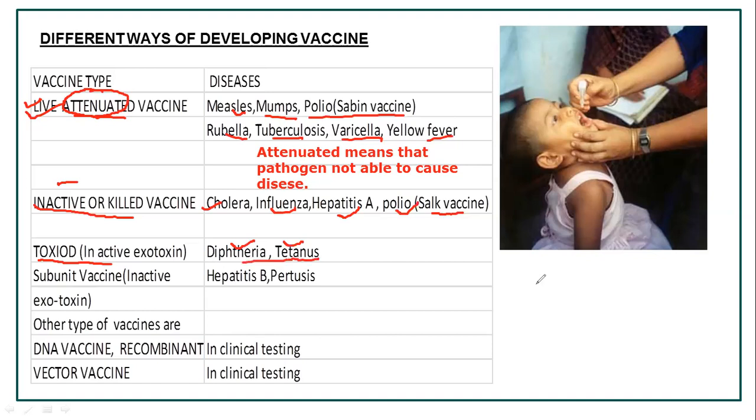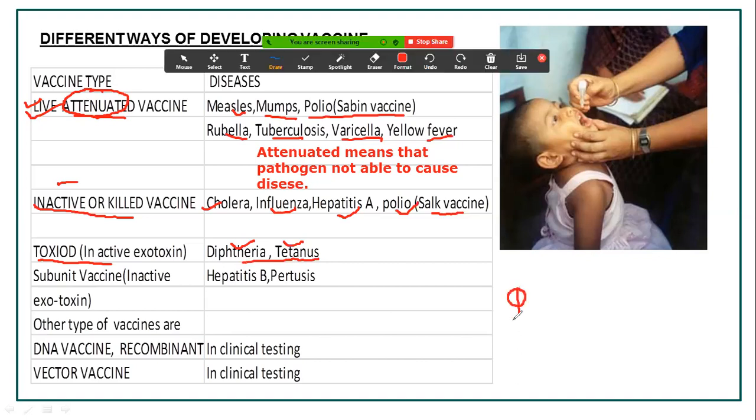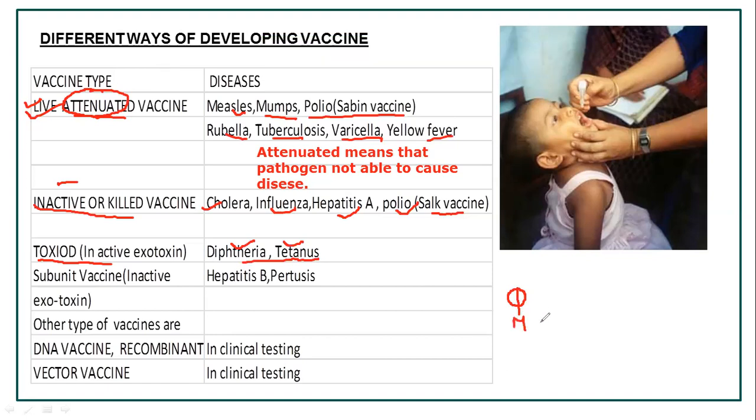When any pathogen enters our body, we have macrophages. Macrophages catch the pathogen, phagocytose it, and form APCs, or antigen presenting cells.